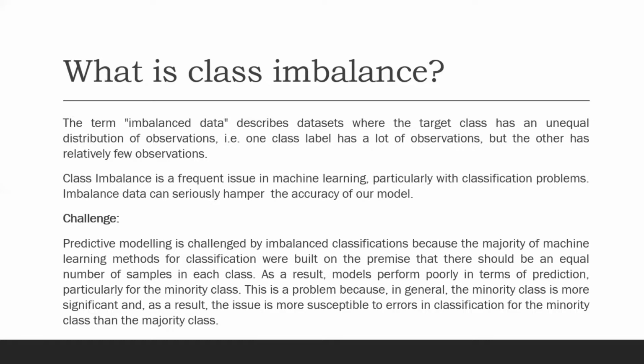As a result, models perform poorly in terms of prediction, particularly for the minority class. This is a problem because, in general, the minority class is more significant, and as a result, the issue is more susceptible to errors in classification for the minority class than the majority class.